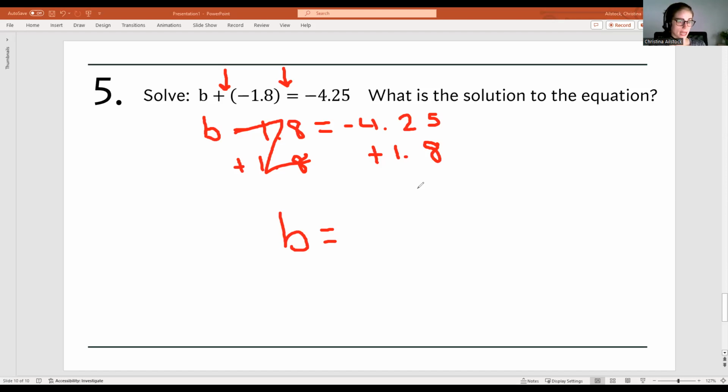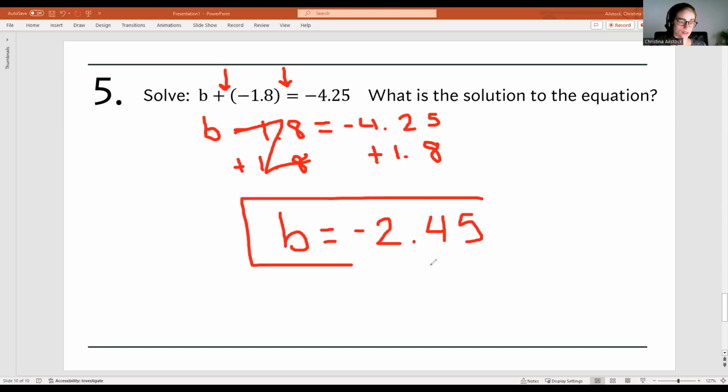So we can subtract 4 25/100 from 1 8/10. And because the 4 25/100 was heavier, there's more of them, our answer will be a negative 2 45/100.